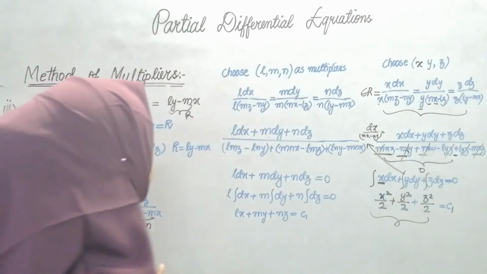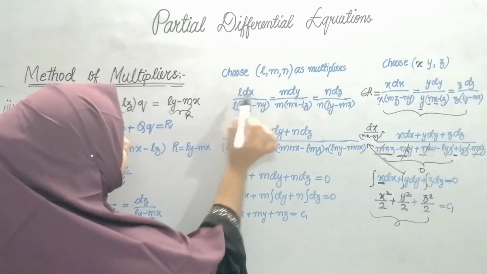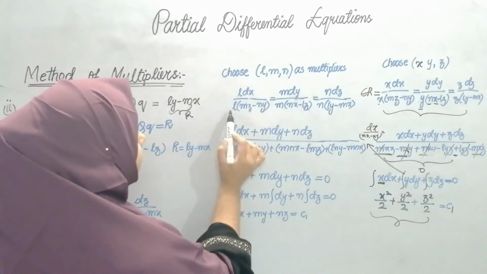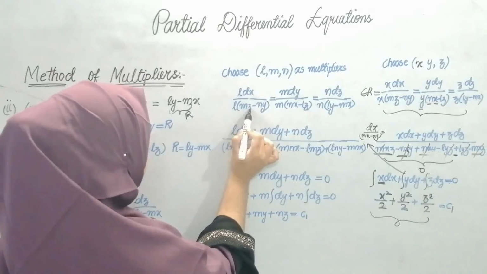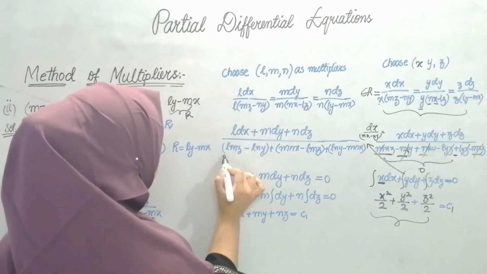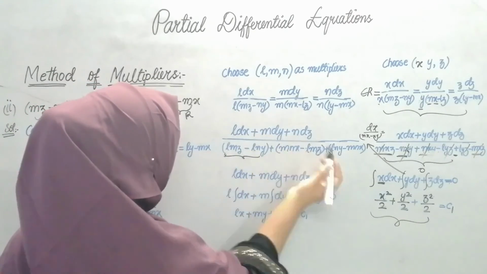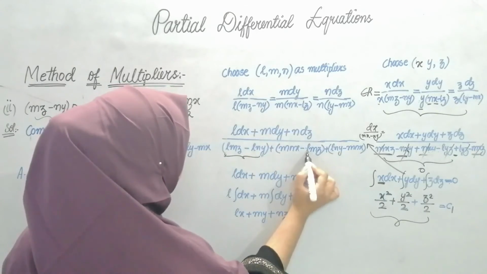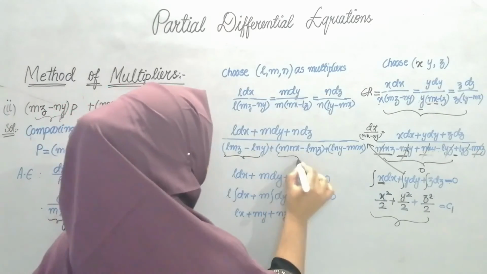Okay. So if I add this, what happens? L dx plus m dy plus n dz whole divided by lmz minus lny, done. Next mnx minus lmz, done.